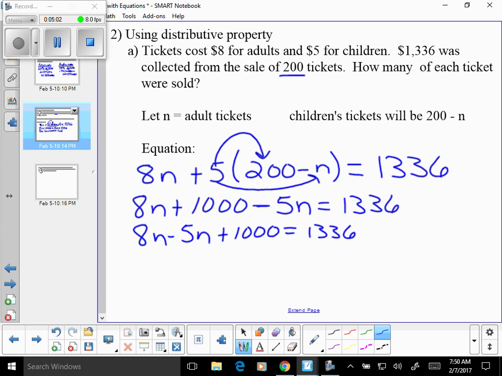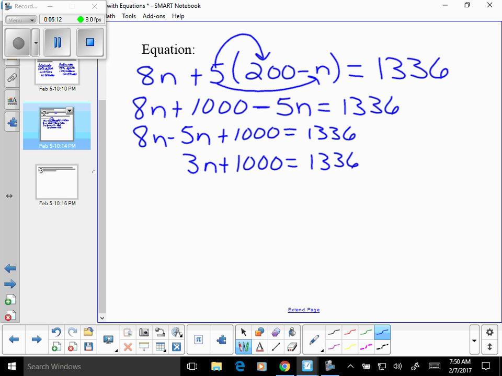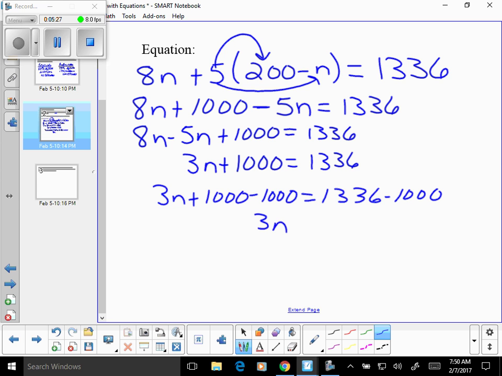Now I can simplify this because 8n minus 5n is 3n, plus my 1,000 is 1,336. At this point, you have a two-step equation, and you've been solving these for a while. So we're going to take 3n plus 1,000 minus 1,000 equals 1,336 minus 1,000. 3n is going to equal 336.